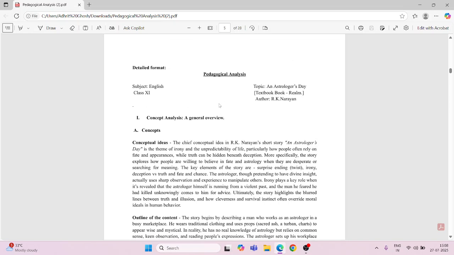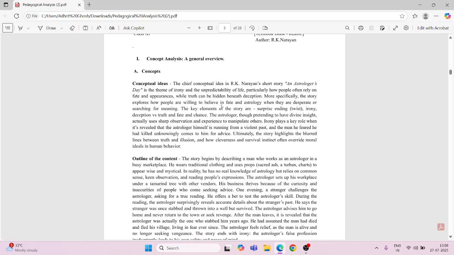So I have just written, just as an example, this as a sample so that you can have a fair idea as to how to write. So we begin with the concept analysis, a general overview, where we first describe the basic concepts given in the lesson. So the first, we give the conceptual ideas as to what this lesson is about.